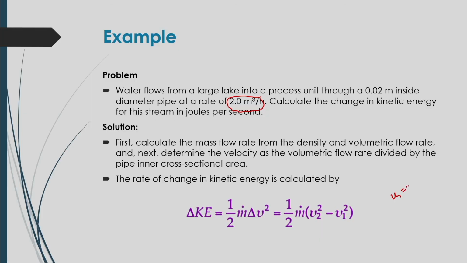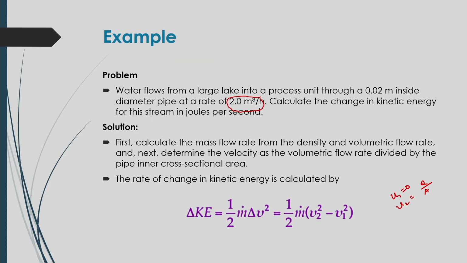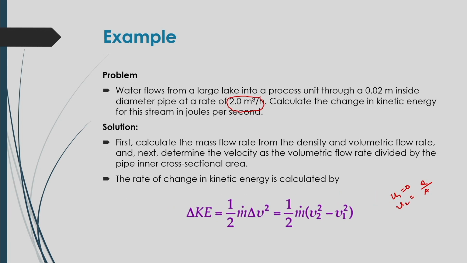So, you can say initial velocity u1, or v1, will be equal to 0, and the final velocity u2 will be equal to simply q by cross sectional area. So, you can get it, and after that you can calculate what should be the kinetic energy.